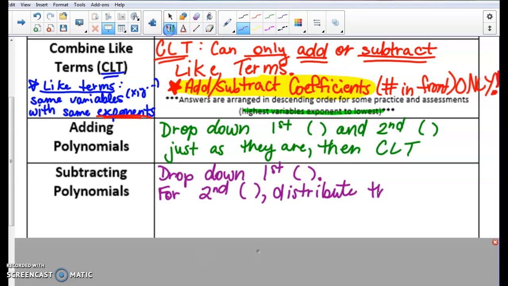Because sometimes I'll say minus, sometimes I'll say negative, because in math, minus and negative mean the same thing. So minus, because it's subtraction, or if you hear me say negative symbol, a negative symbol and a minus symbol are the same. So we're going to distribute the minus symbol to all terms.